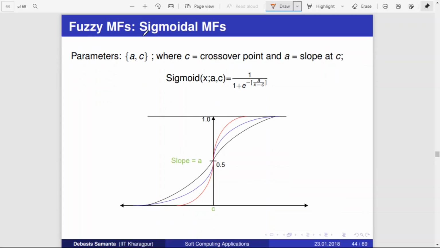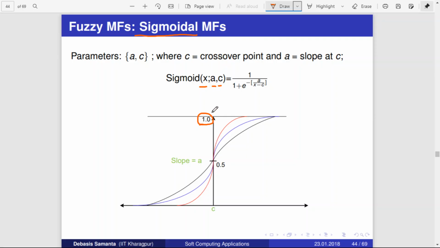So the sigmoid membership function is also an important function. This is used in deep learning also. In a sigmoid membership function, for a given x, we take 2 parameters a and c. So c is some point in x. Let us assume c is 1, and let us assume a is 0.5.